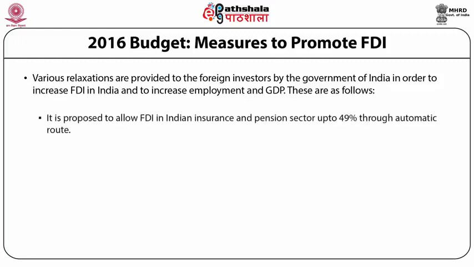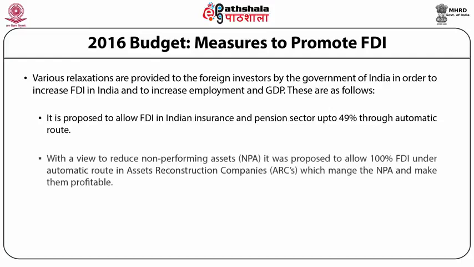Firstly, it is proposed to allow FDI in the Indian insurance and pension sector up to 49% through the automatic route. Secondly, with a view to reduce the non-performing assets, that is the NPAs, it is proposed to allow 100% FDI under the automatic route in asset reconstruction companies which manage NPAs and make them profitable.